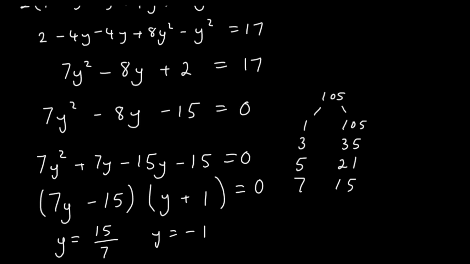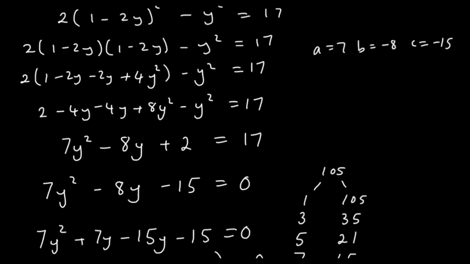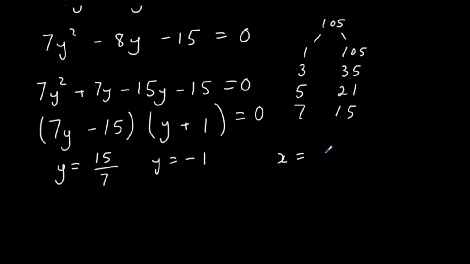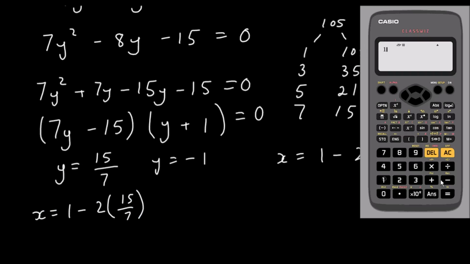And I can find x, because x is 1 minus 2y. So x is 1 minus 2 lots of 15/7. 1 minus 2 times 15/7 is minus 23/7.